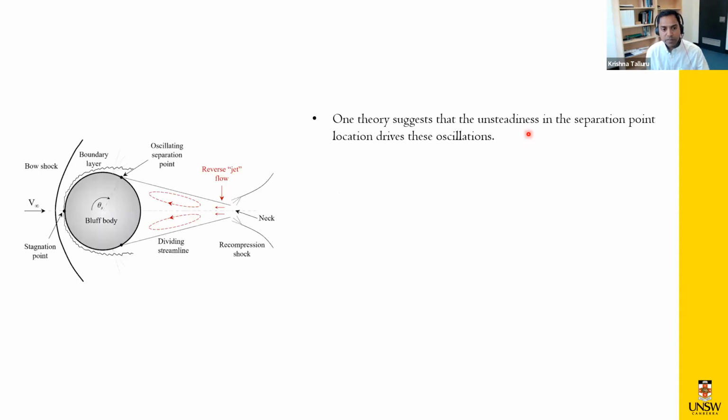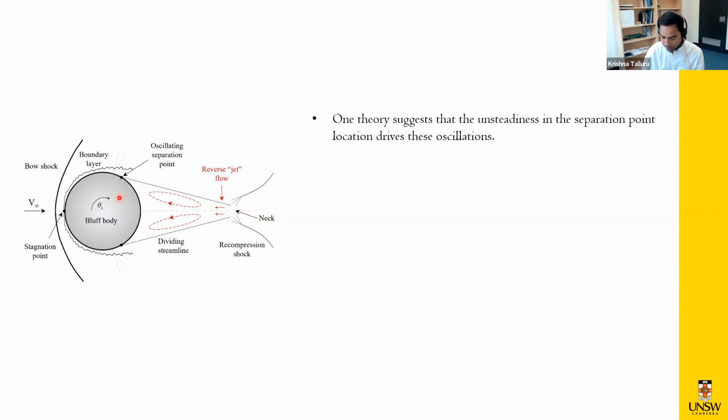There have been predominantly three theories. One theory says that the separation point is oscillating, and those oscillations are just being advected downstream, and that's what you're observing in the neck region.